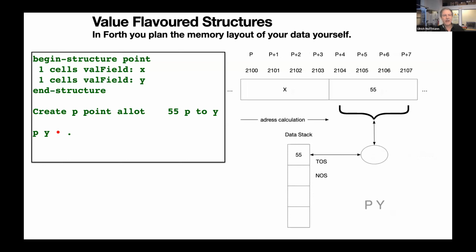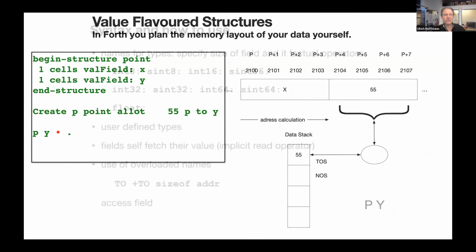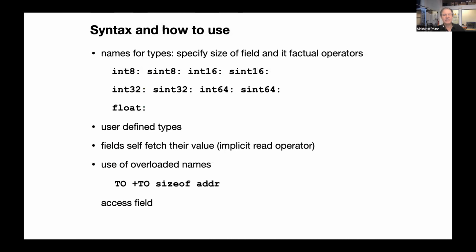And of course, we could have other fields than cell fields. We could have character fields and things like this, and 32-bit fields, 16-bit fields, floating point fields. And so my syntax is to use defining words for the fields that are inspired in some way by how you would do it in C, maybe with the difference that I think that unsigned should be the default way to do things.